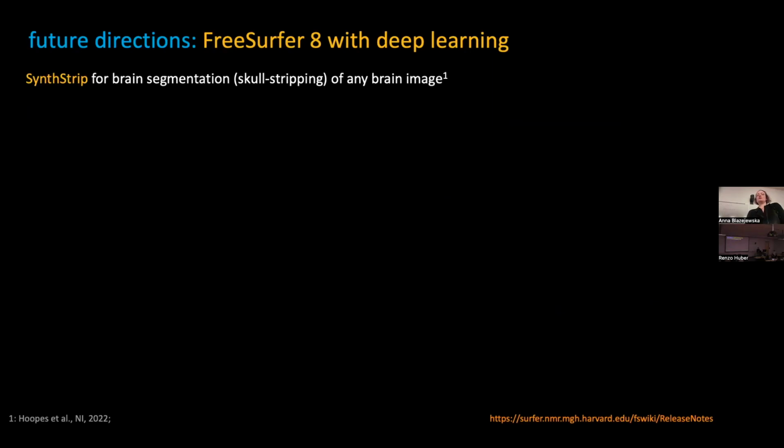There's SynthStrip for brain segmentation that is supposed to work on any kind of brain image, and we did test it quickly on some of our data, n = 2. Seems to work well. Honestly, I think it looks promising. It's said to be more robust. It's automatic, and according to Doug, who I've been emailing with, it's supposed to address the sinus and dura problems.